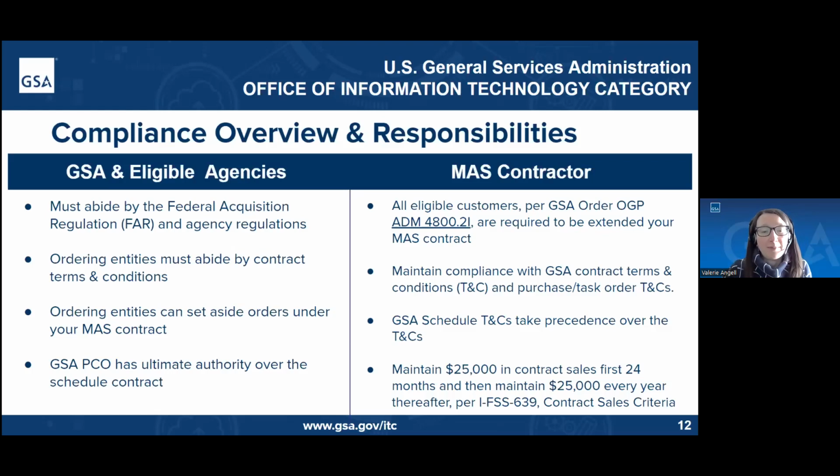Now, if the MAS contract's terms and conditions conflict with the task order level terms and conditions, then the schedule contract terms and conditions take precedence over the task order level T&Cs. You also must obtain $25,000 in contract sales during the first 24 months of the contract, and then maintain $25,000 every year thereafter per the contract sales criteria clause, which we will get into more detail about in the next slide.